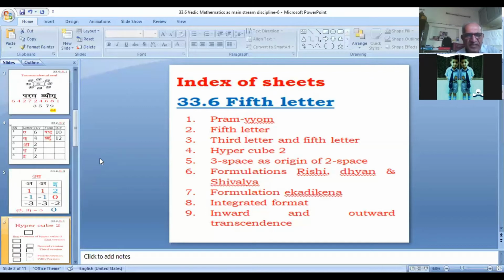The second phase will be of specific attention to the fifth letter features, and the fifth letter, because of its fifth placement, is presuming the existence of the first 4 letters. As such, the fifth letter features will be an extension of, and in continuity with, the features of the first 4 letters.